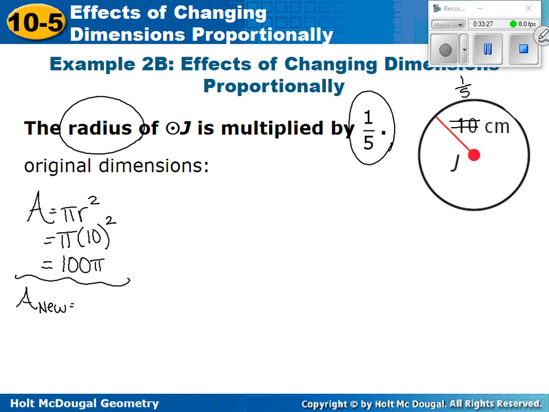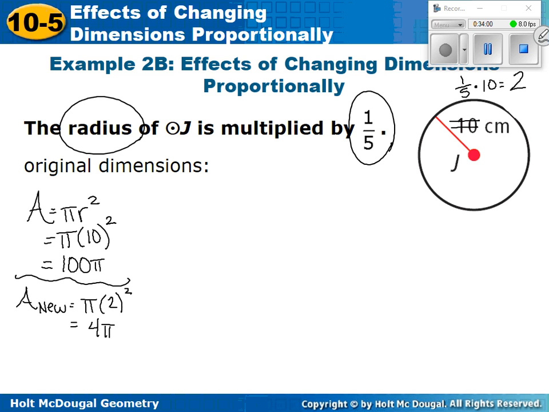So what is 1/5 times 10? 2. 1/5 of 10. Sorry about that. Okay, 1/5 of 10 is 2. So now plug in your new radius. Pi times 2 squared. What's 2 squared? 4. So we have 4 pi.